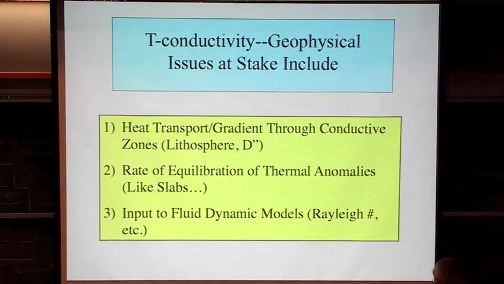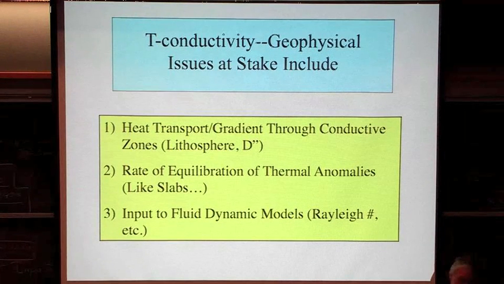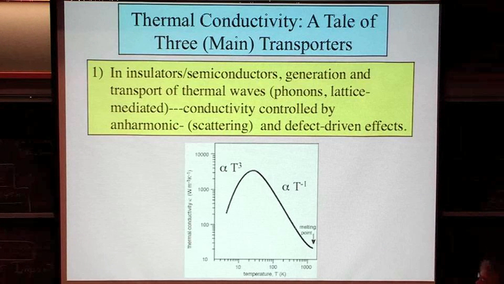And finally, it's an input to fluid dynamic models. Of course, the thermal conductivity lies in the denominator of the Rayleigh number, so if you want to do a scaled fluid dynamical model, you probably want a decent idea of what the thermal conductivity of a material is. So for thermal conductivity, there are basically three main transporters of heat within the Earth.